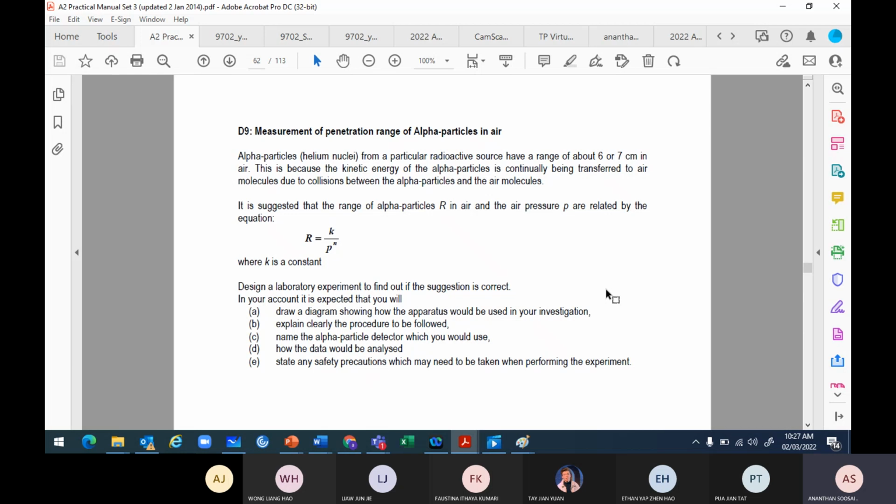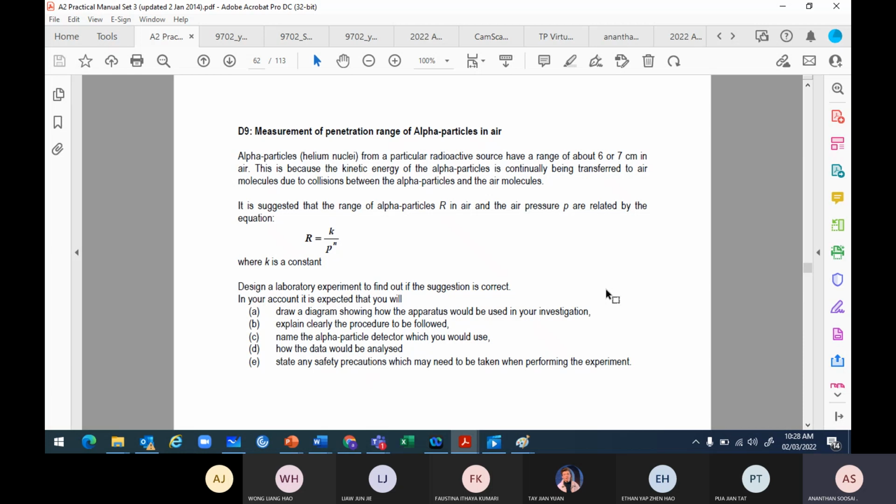How about volume of air? If you use different volume, yeah, good. The density of the air also kept constant. Greater the density, I think range might be affected, right?